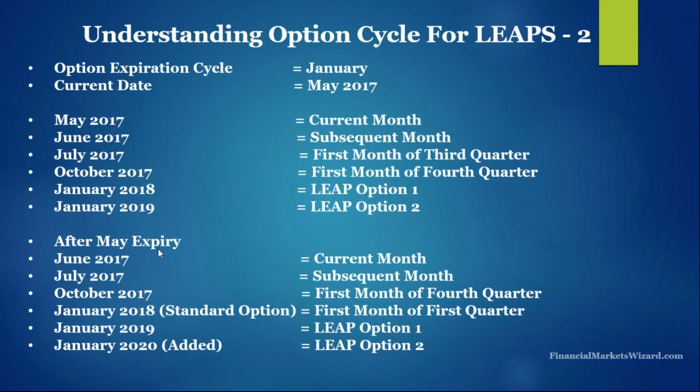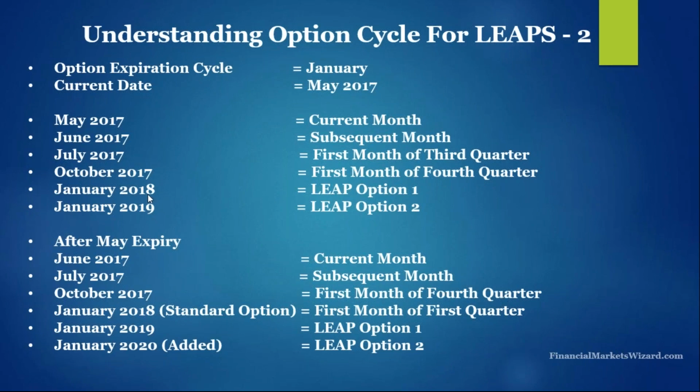Okay, so after May expires, June, because June was the subsequent month, will become the current month. And July was listed as the first month of third quarter. July will become the subsequent month, right? So we have current month and subsequent month, June and July. We had October as the first month of fourth quarter.